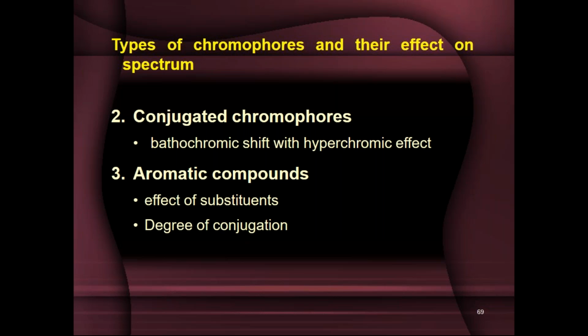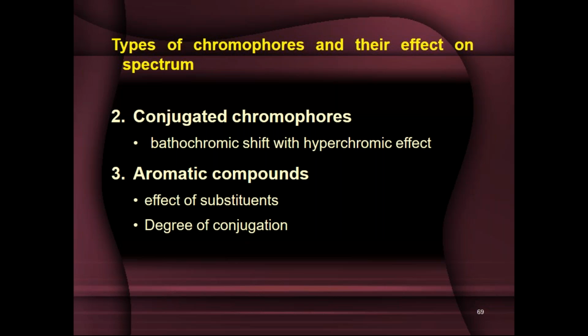Now, conjugated chromophores, what is the effect they produce? If you are increasing the number of conjugated chromophores, you will always see a bathochromic shift with a hyperchromic effect. So the intensity will increase and the absorption peak will shift to longer wavelengths.